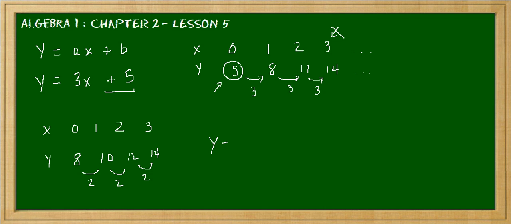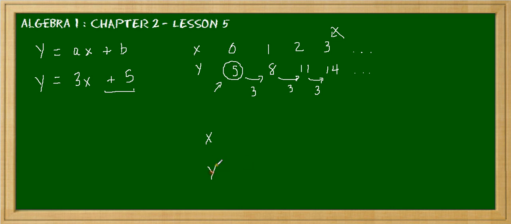Okay, so we go ahead and do our next one. And as I promised, I will move over my table. Okay, and let's move it over here. So we have an x and a y value. Let's put 0, 1, 2, 3. And let's go ahead and put the values 1, 8, 15, and 22. Okay.